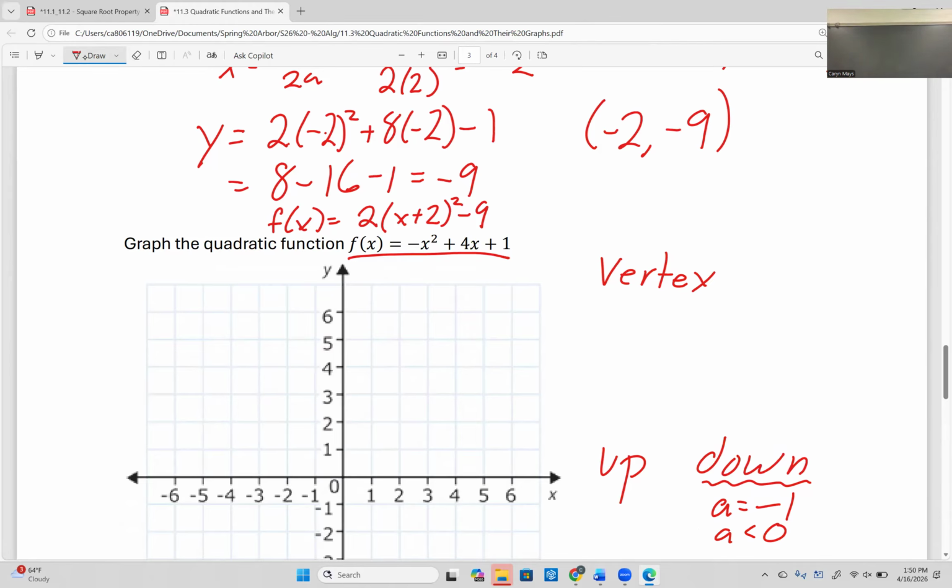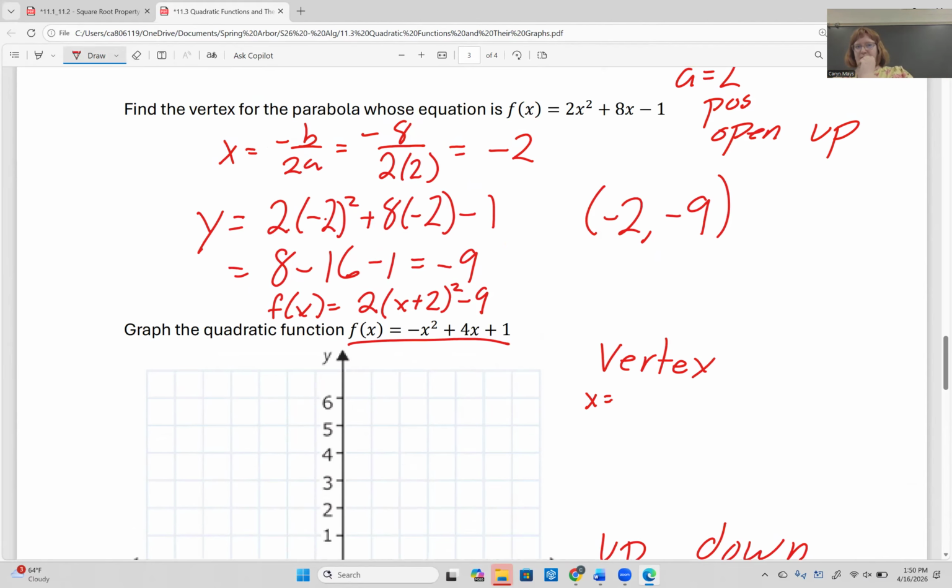We then need to find the vertex. What equation will find the x of the vertex? There's a formula up here that gives us the x of the vertex. Negative b over 2a. What is b in this case? What is a?